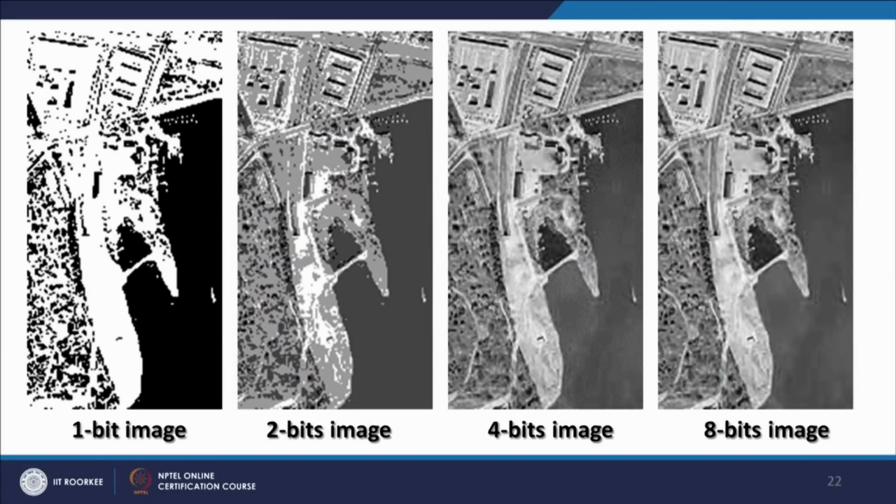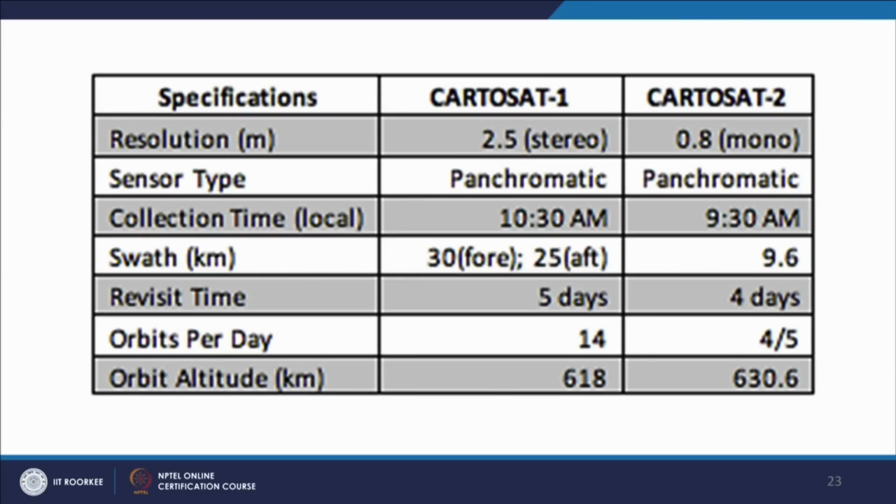Here is just a repetition of the same thing, showing how 1-bit, 2-bit and 4-bit images look, and different sensors like Cartosat 2 and Cartosat 1. I am taking this example: here the spatial resolution is 2.5 meter, there it is 0.8, so now we are talking about higher spatial resolution. And the swath will control our temporal resolution.